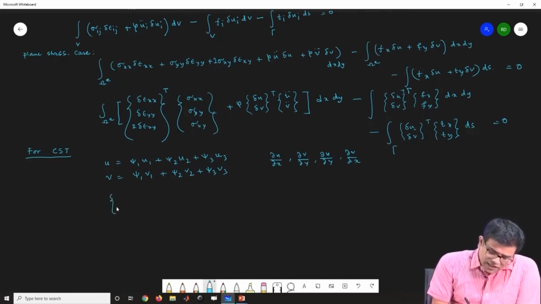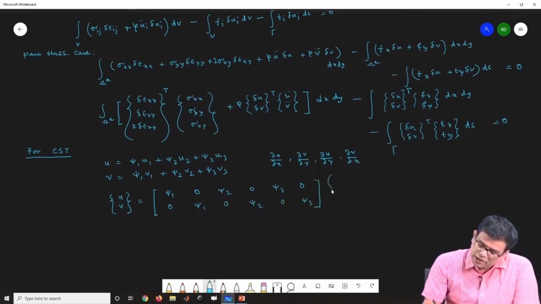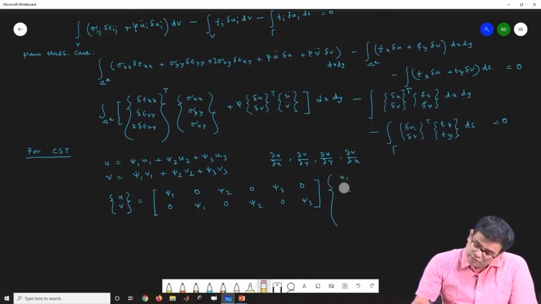So now u and v I can write in matrix form with the shape function matrix, in terms of u1, u2, u3, v1, v2, v3. I will have psi 1, 0, psi 2, 0, psi 3, 0, then 0, psi 1, 0, psi 2, 0, psi 3, multiplied by u1 v1, u2 v2, u3 v3.